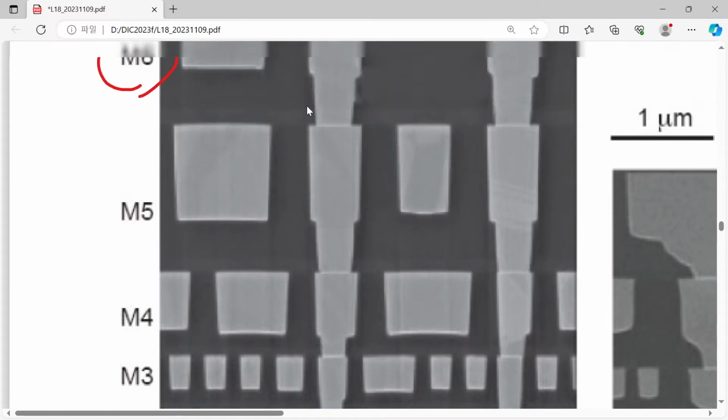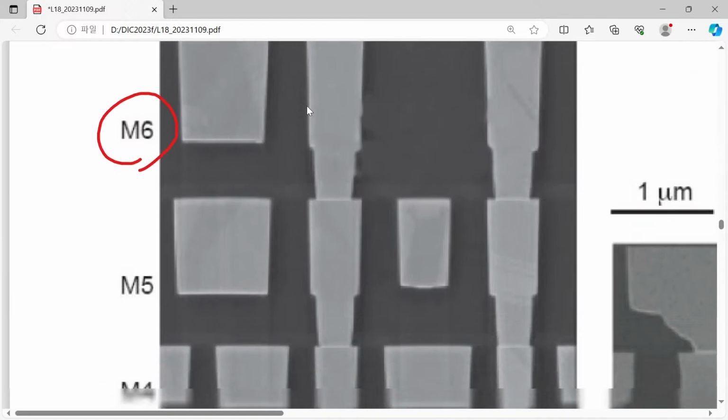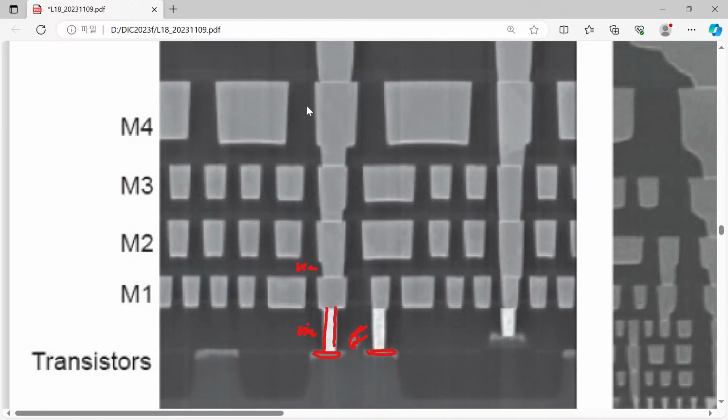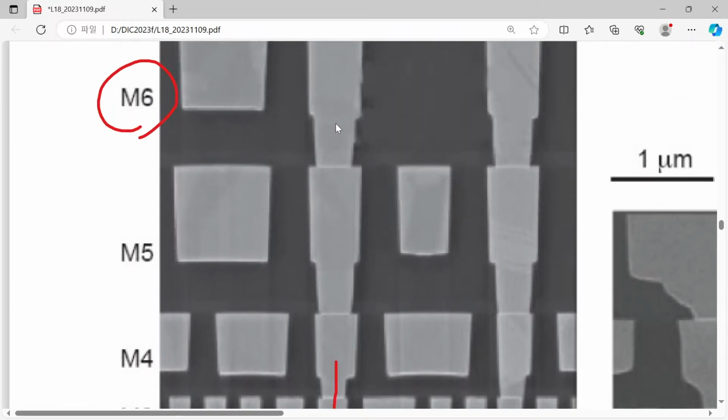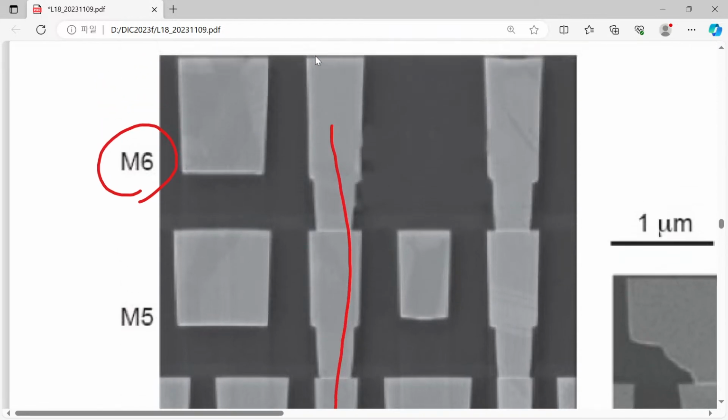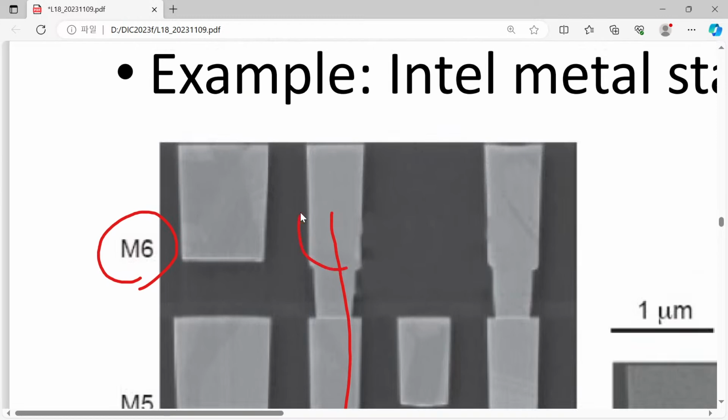So simply speaking, this point is directly connected to M1, M2, 3, and 4. What happens to this one? Eventually, it goes to the top level, and maybe this one will be connected to your ground or VDD. It is used to set the bias voltage.